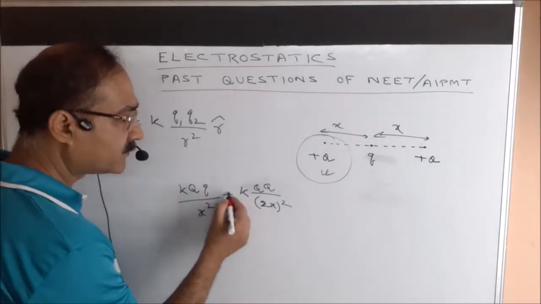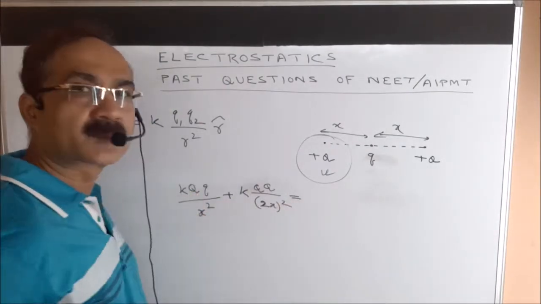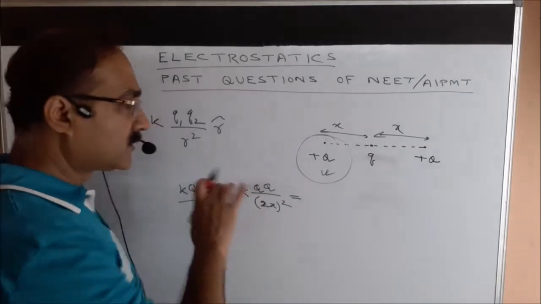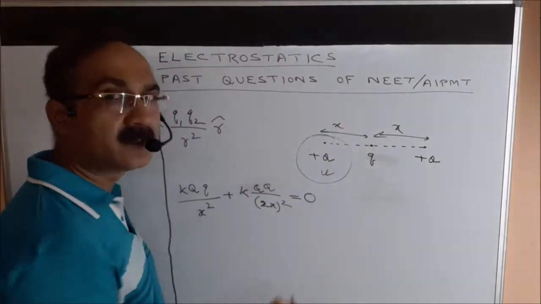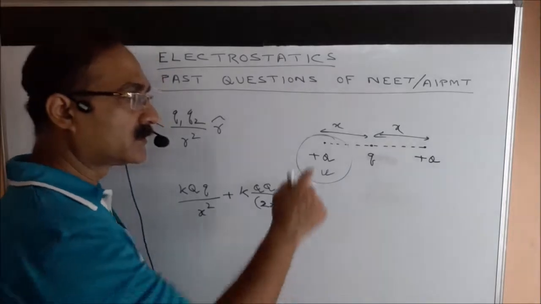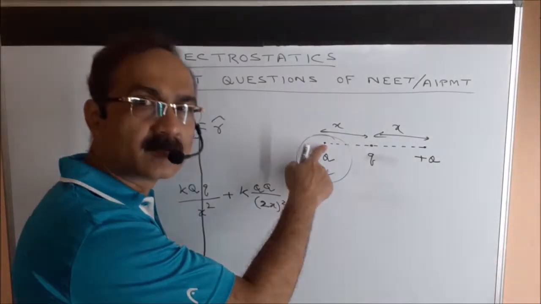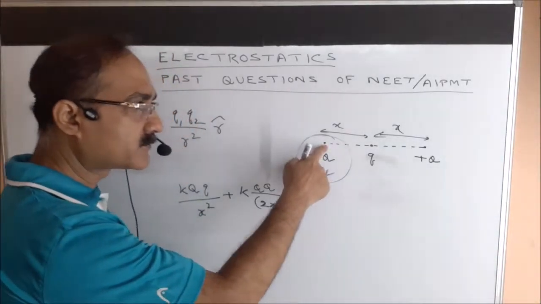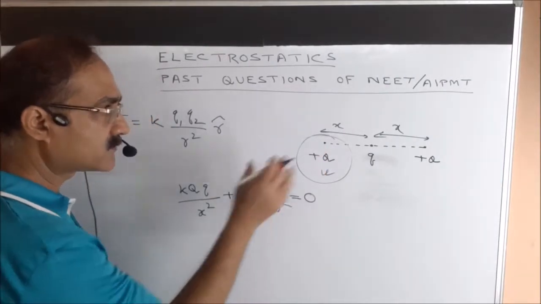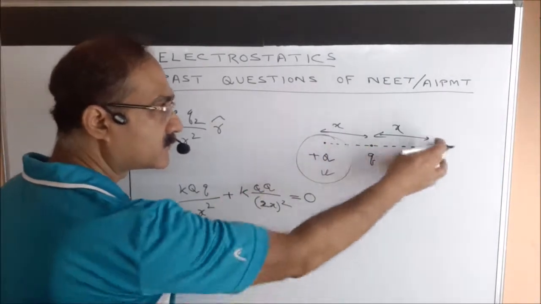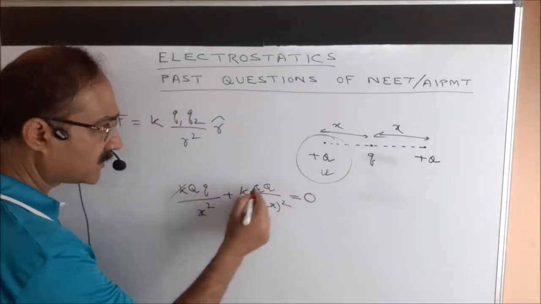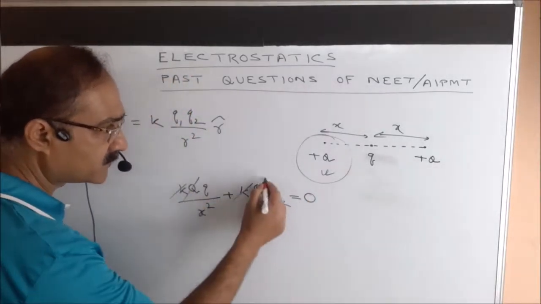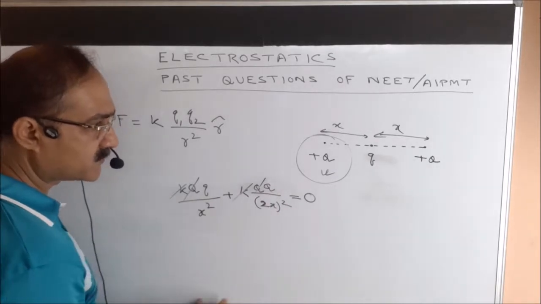Now if we add both these forces, it has to be 0, because this charge should be in equilibrium. It will only be in equilibrium when the net force on it is 0, and net force means force due to this plus force due to this. Now if you solve it, K cancels out, Q cancels out.